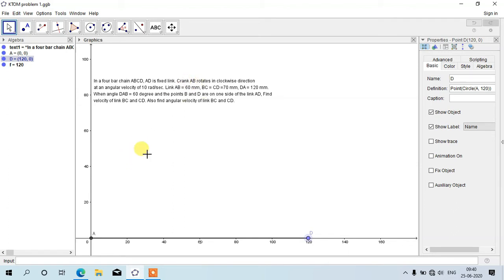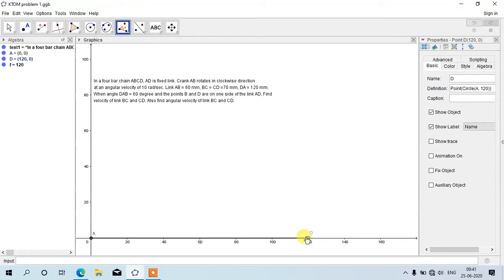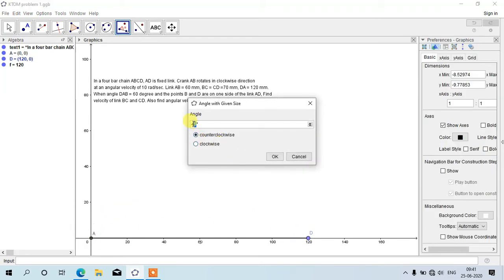So where can we draw the line? One condition is given to us that the angle DAB, meaning angle D A B, is equal to 60 degree. So what we will do, we will first draw an angle of 60 degree.